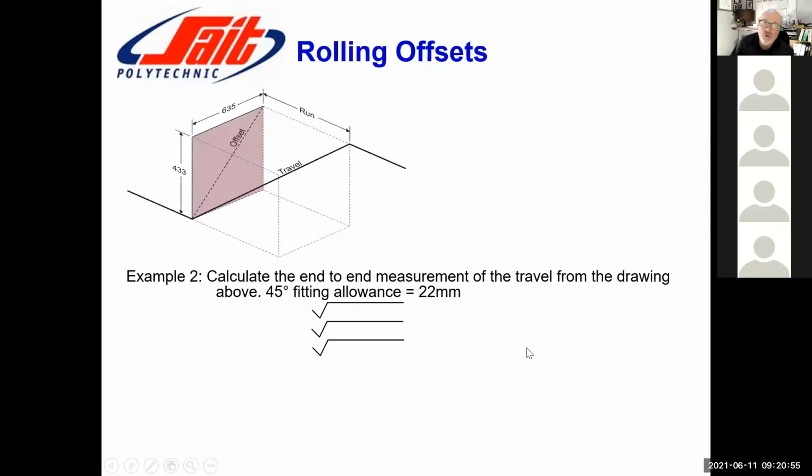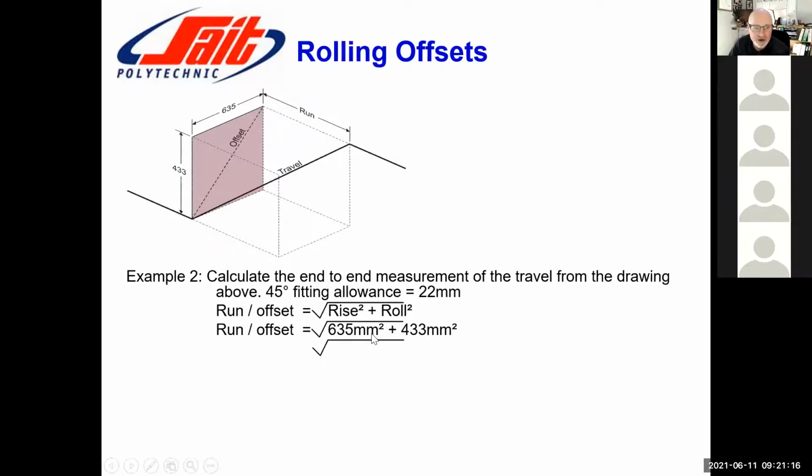Okay, so with this particular example, we're going to calculate the end-to-end measurement of the travel. So these are 45 fittings. We simply take the run or the offset, which is equal to the rise squared plus the roll squared. So let's do that math.